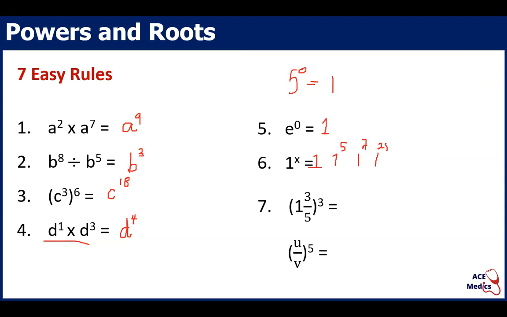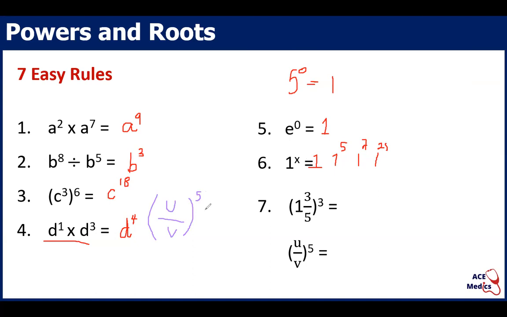Okay. Right, number 7 then is slightly trickier. If we look at the bottom one first, it's U over V, brackets, to the power of 5. It's quite difficult to write, so I'm going to write it. Now, if that indice is on the outside, that indice applies to everything inside it.